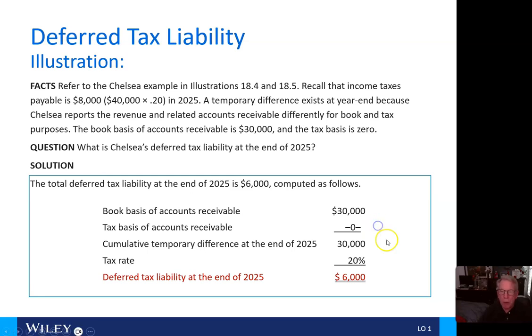We start with a book basis of accounts receivable, $30,000, and a tax basis of accounts receivable of zero. So we have a cumulative temporary difference at the end of 2025 of $30,000. And if we multiply that times the tax rate, we get our $6,000 deferred tax liability at the end of 2025.